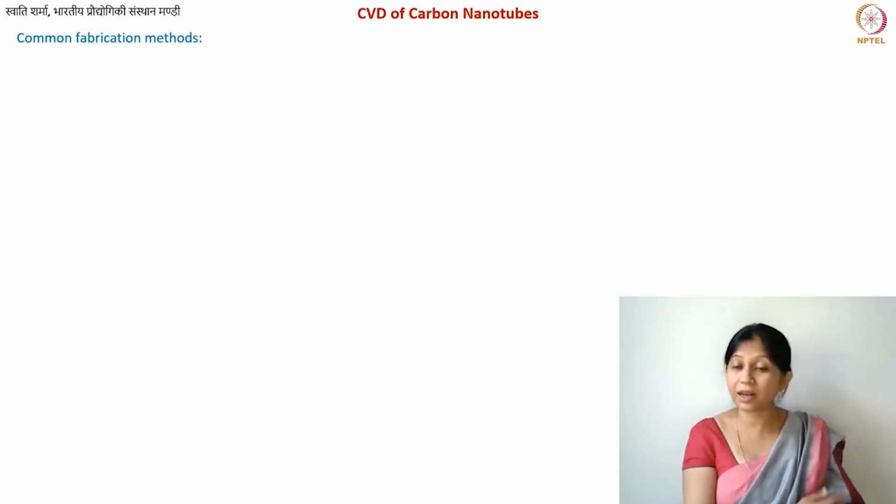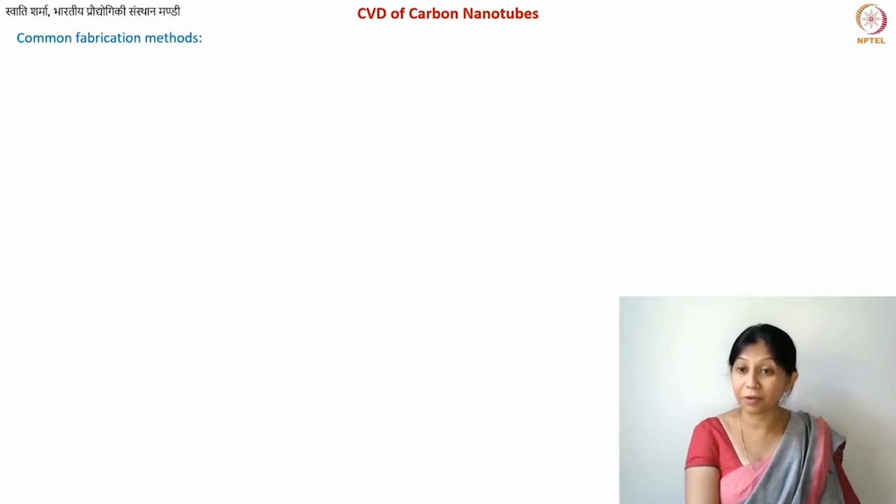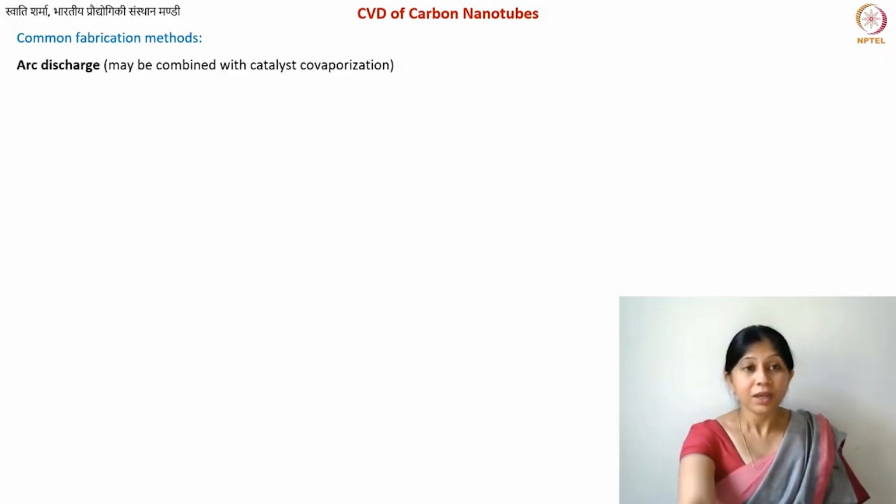But CVD still remains the most important chemical process for the manufacture of carbon nanotubes. Also, when you purchase carbon nanotubes, and if somebody has produced them in some industrial scale process, then most likely those are CVD grown carbon nanotubes. Okay. So, CVD is there, but what else?